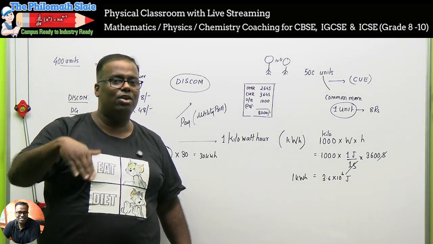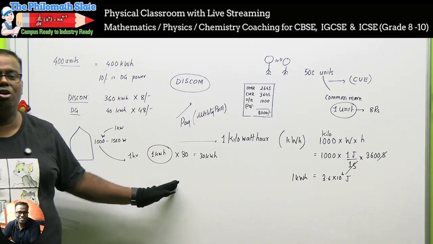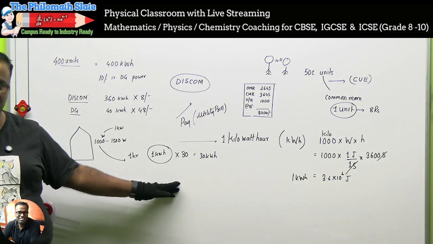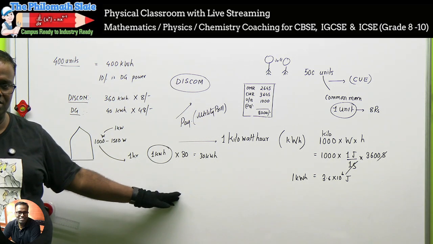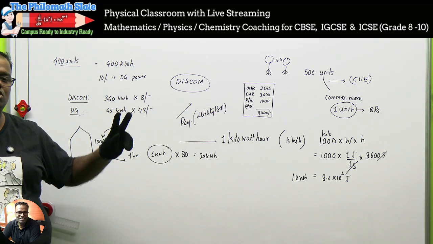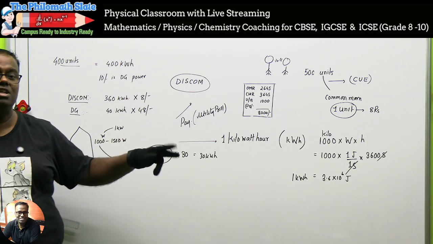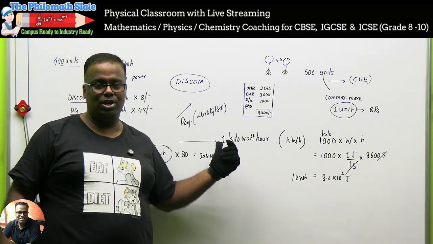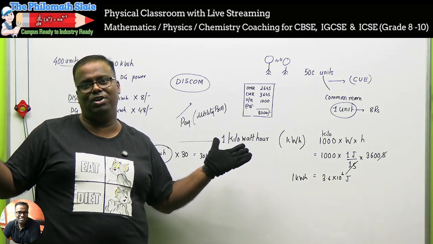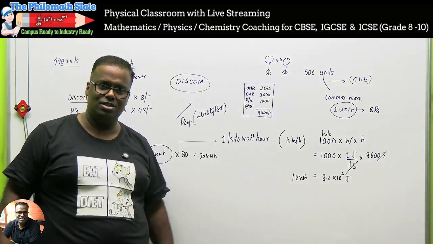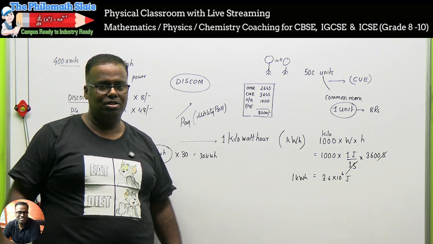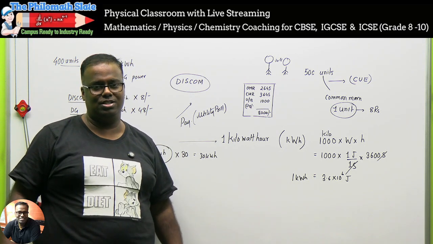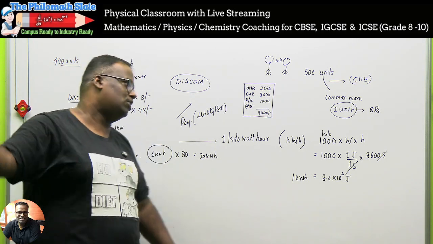So if I take a 1 hour class, I get half a unit. A 2 hour class means 1 unit, so a 4 hour class means 2 units. 30 days means 60 units, multiplied by 7 or 8 rupees, assuming there is no power failure. But if the power fails, then the DG comes, and you will be paying DG rates for these things. Clear now? Let's now do your worksheets.